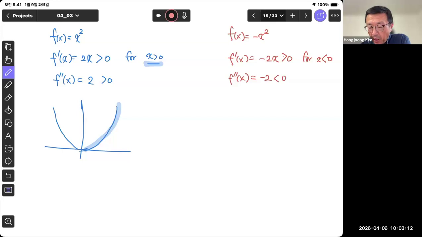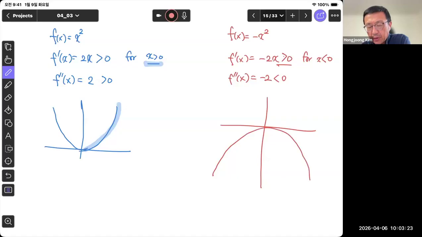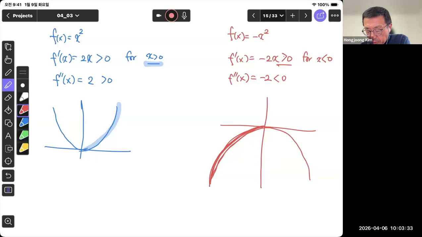So since f prime is positive, my function is still increasing, and the increasing pattern is like this, to the left of 0.